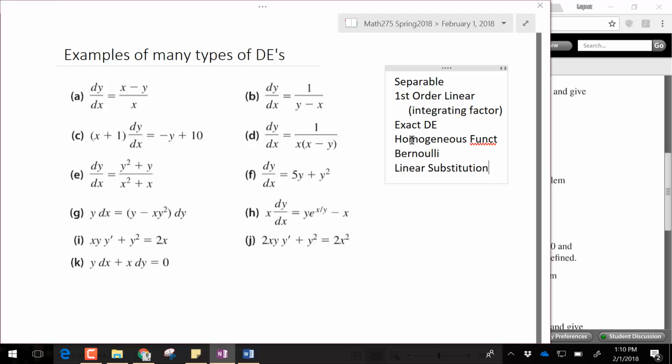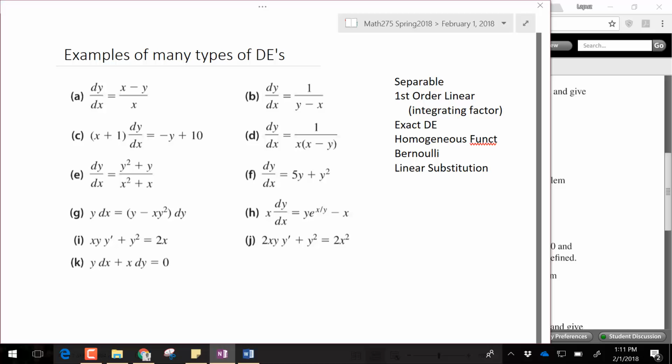So back to the first one. Let's go through it. Is it separable? Do you think you can separate it? Can we manipulate it to make it separable? What kinds of things can we do? We can cross multiply. Separable just means you get all the x's and y's to one side.